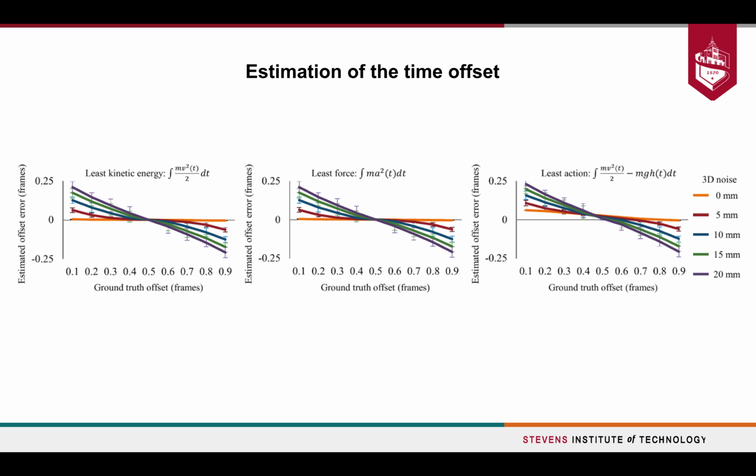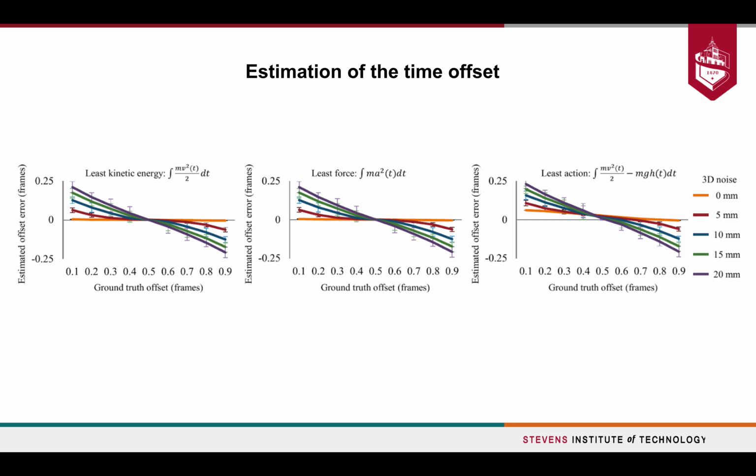First, they do some experiments about their motion prior, how it works for the time offset. He is trying to sample two sequences from a camera with different start times, sampling the time offset from 0.1 to 0.9, and adding some Gaussian noise, and trying to optimize based on these three different kinds of motion priors.